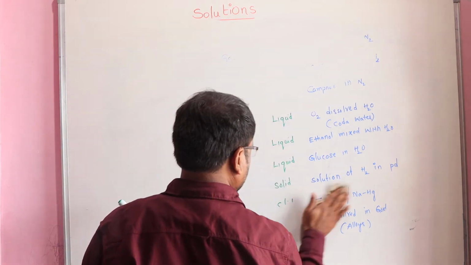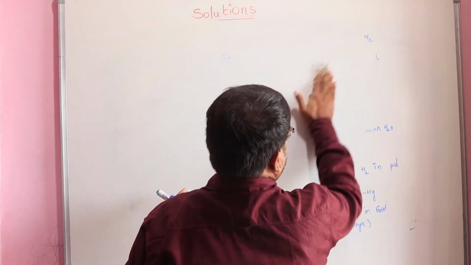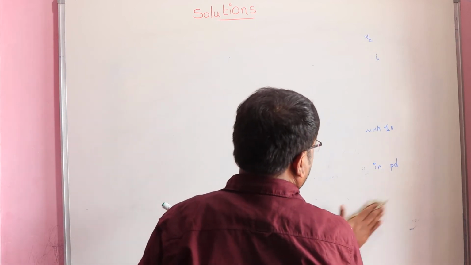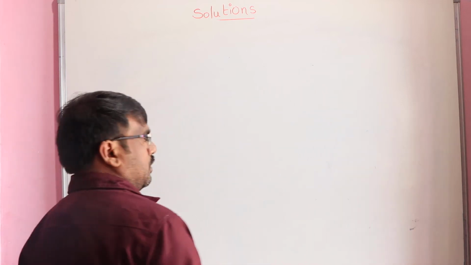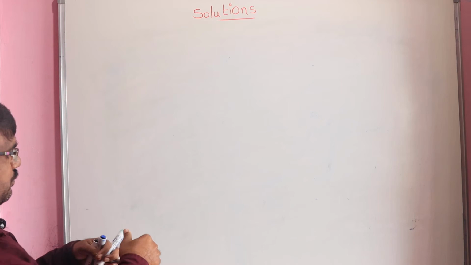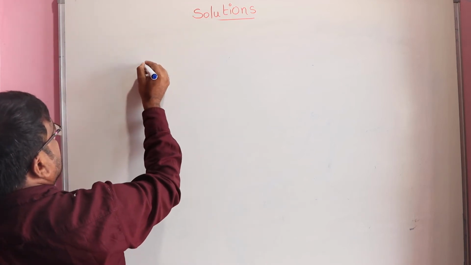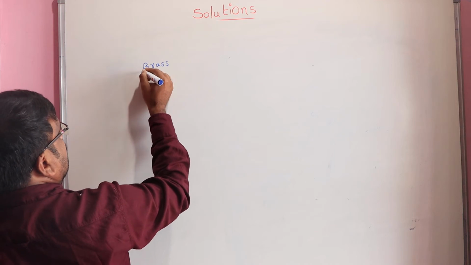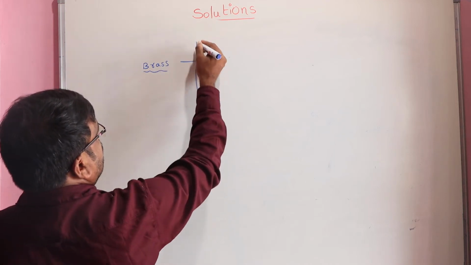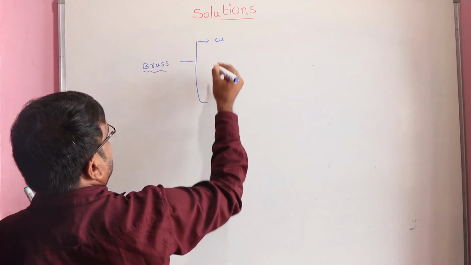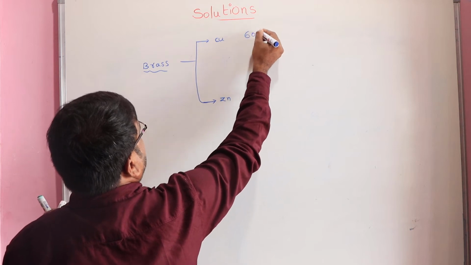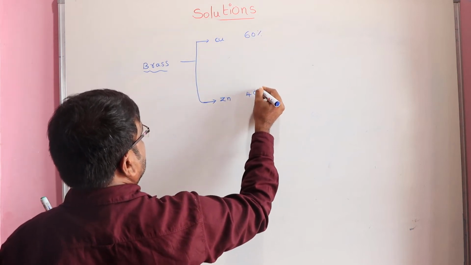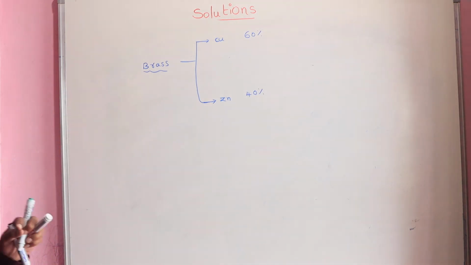The first alloy is brass. Brass composition is copper and zinc: copper percentage is 60% and zinc percentage is 40%.